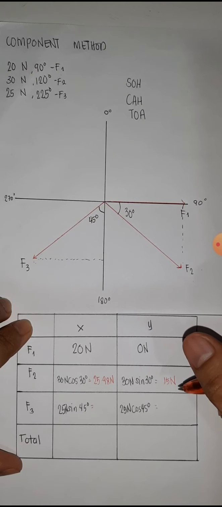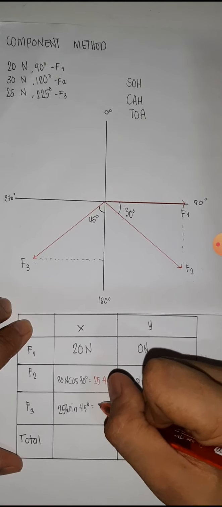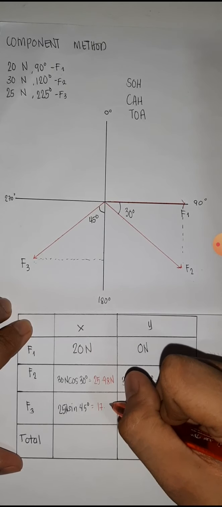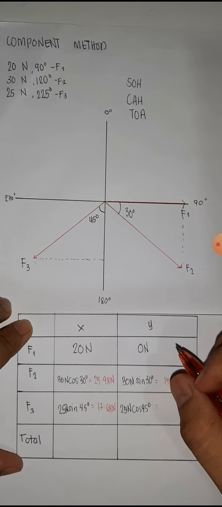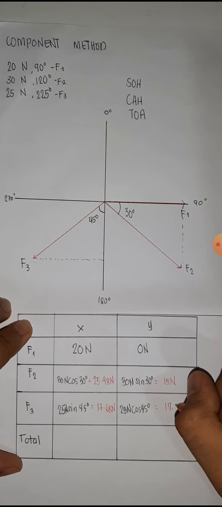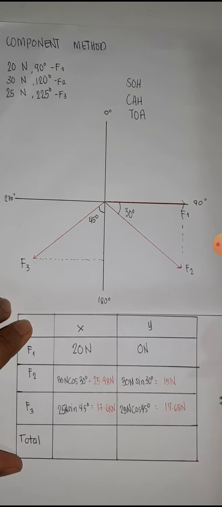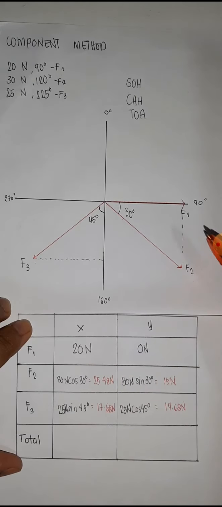For your F3, sine 45 multiplied by 25 Newton is equivalent to 17.68 Newton, and cosine 45 multiplied by 25 Newton is also equivalent to 17.68 Newton.